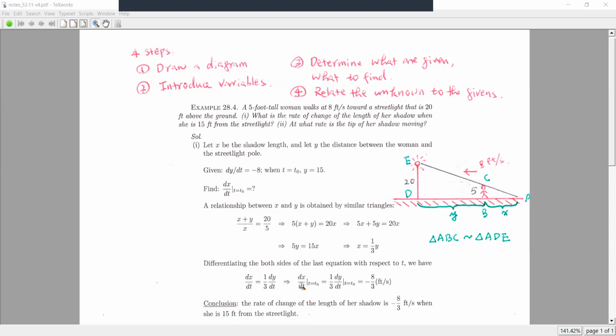So the decreasing rate of the length of the shadow at the time T0 is negative 8/3. Conclusion: the rate of change of the length of her shadow is negative 8/3 feet per second at the instant when she is 15 feet from the street light. Negative means x is decreasing.